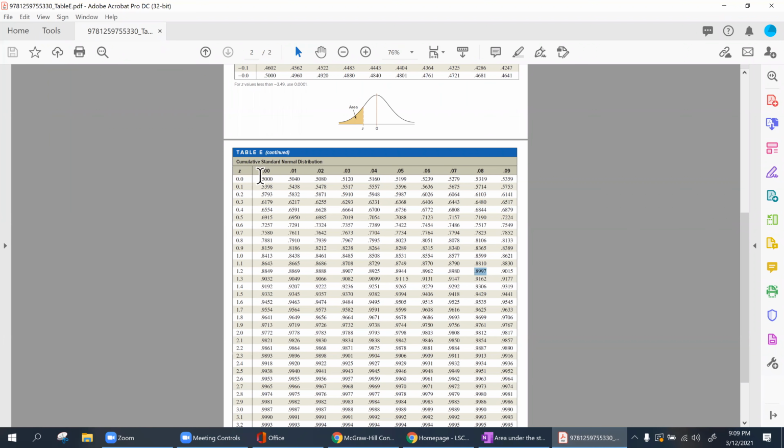I'm looking for 0.00, which is just 0, and the table says the area from the farthest left to the halfway point is 0.5000.